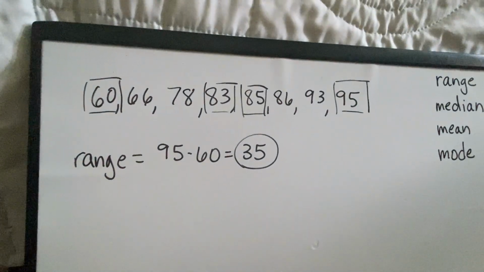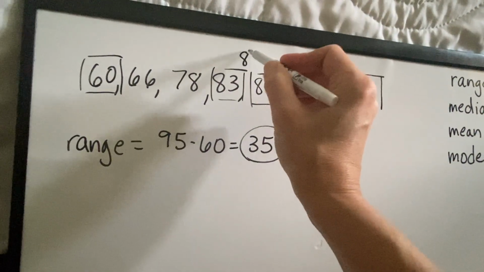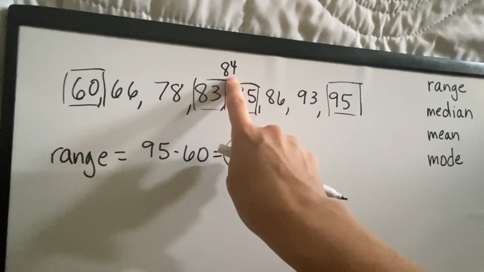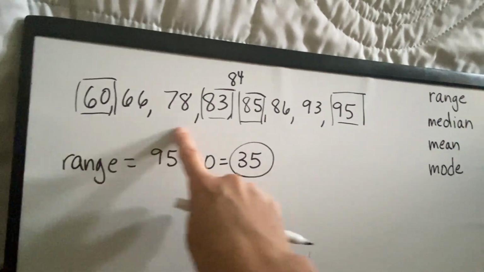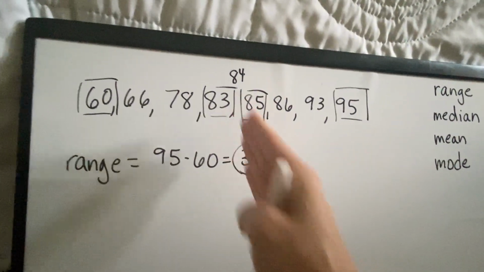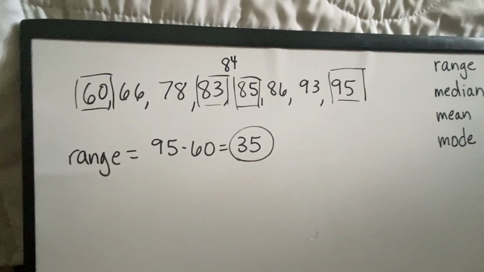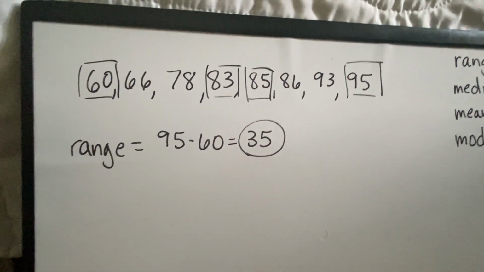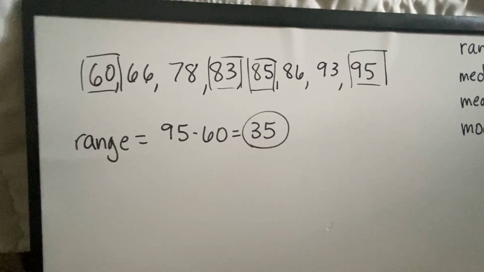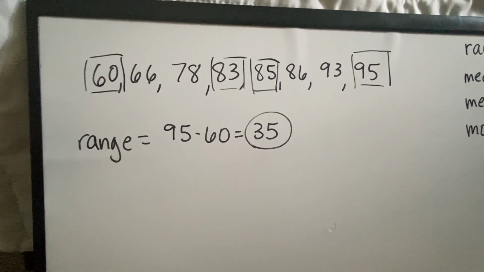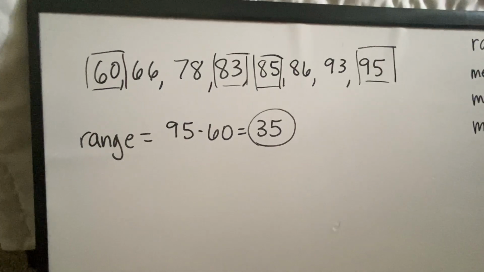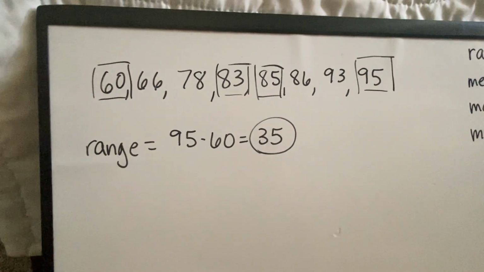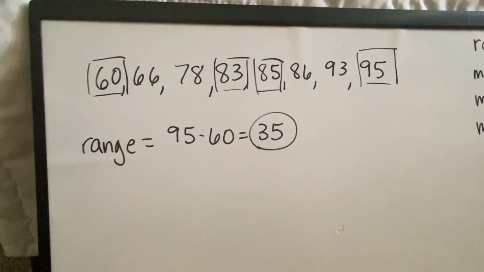If you were to have, let's say, another test score of 84, then 84 would be your median because when you put them in order numerically, it's the one that's smack dab in the middle.